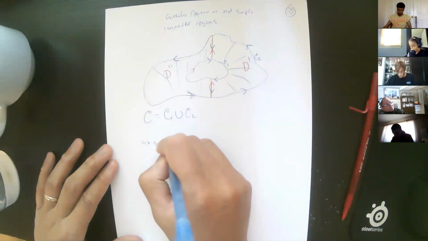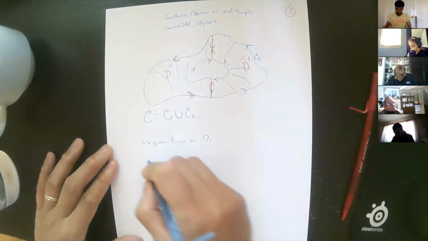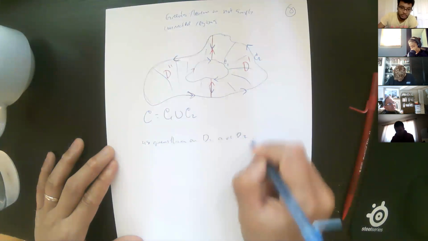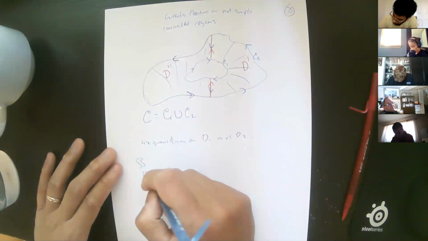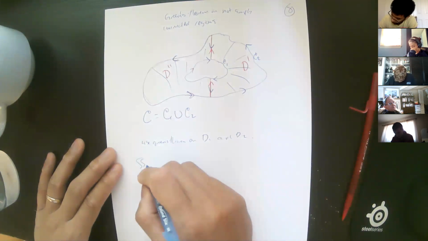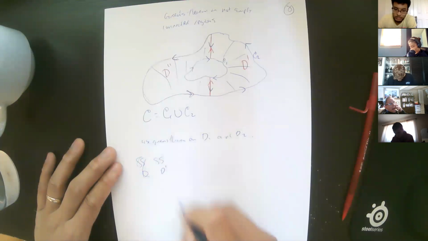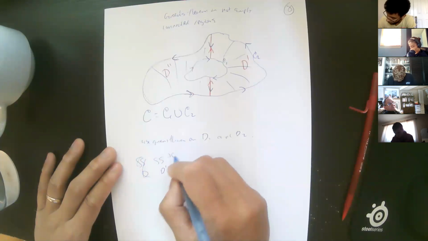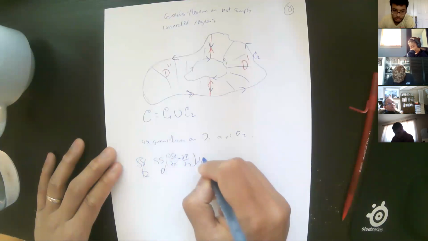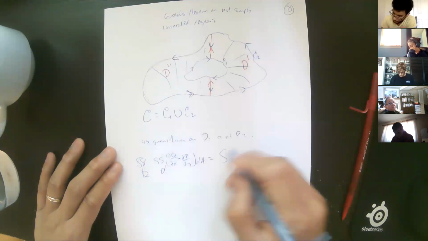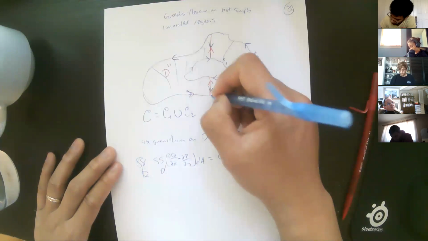Use Green's theorem on D1 and D2. See, the integral over D prime of dQ/dx minus dP/dy dA is, by Green's theorem, the integral over whatever this thing is.